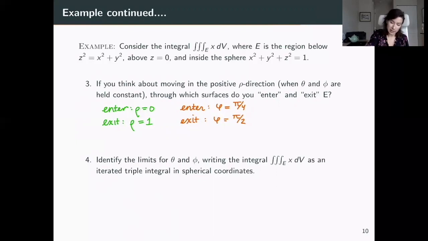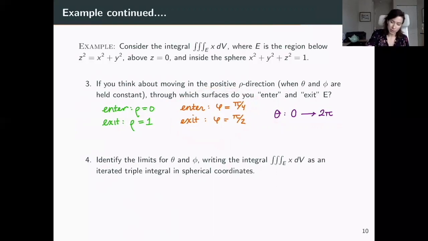Finally, theta was pretty easy. Theta was just going to be ranging from 0 to 2 pi. We take these entrances and exits for all possible values of theta between 0 and 2 pi.